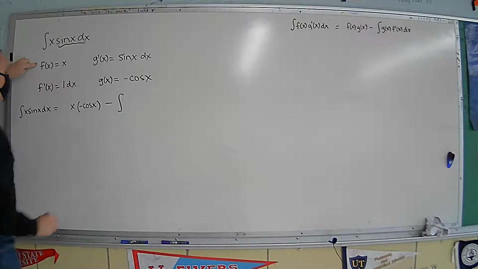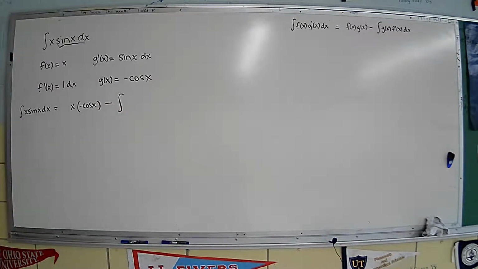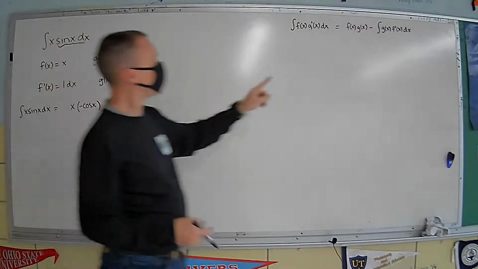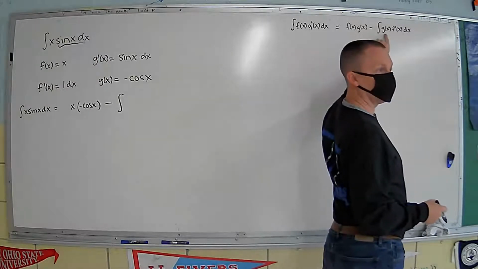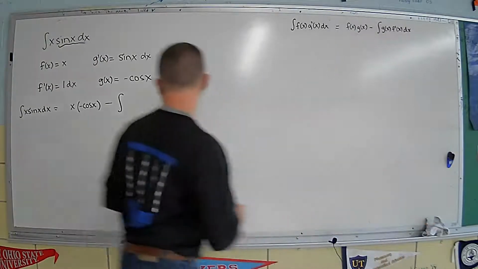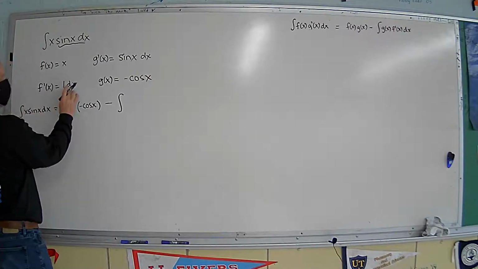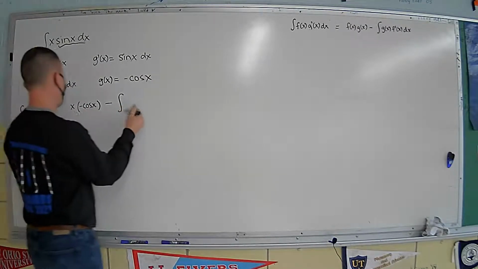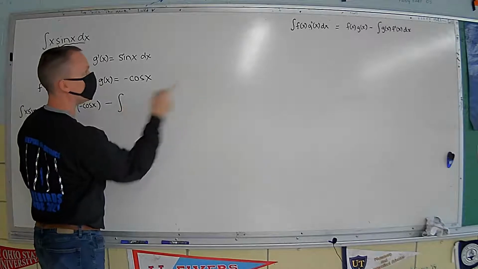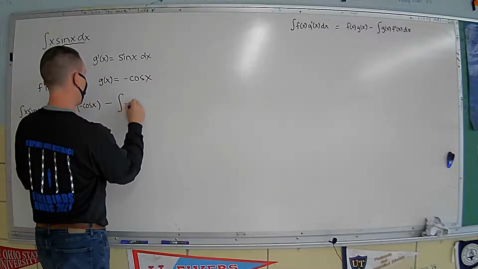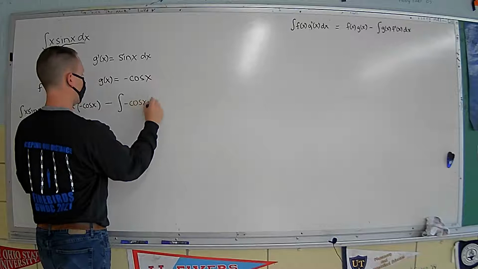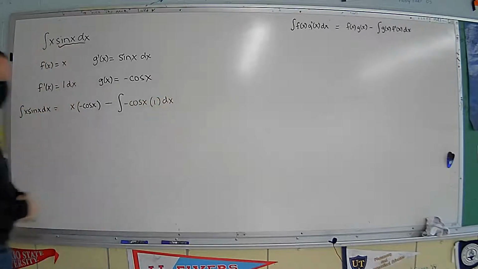Minus the integral of what? g f prime. And honestly, if you want to put the dx here, you can. If not, it's not a big deal. So g f prime is going to be negative cosine of x times 1 dx.